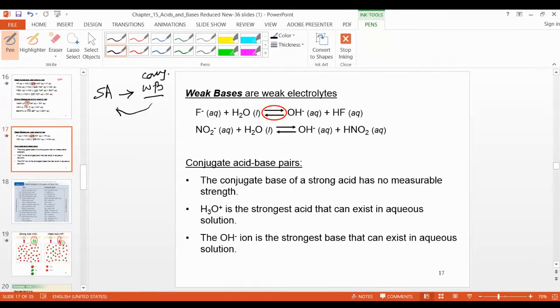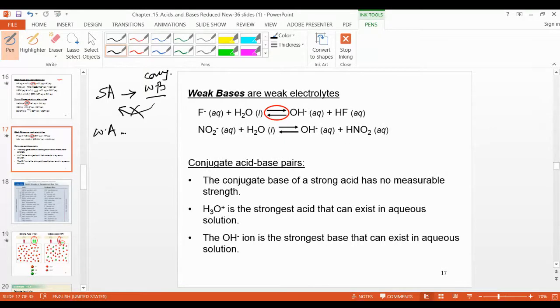That's why it will not go back. If you have a weak acid, it has a strong conjugate base, so this will go back to the weak acid. That's why this is a reversible reaction.